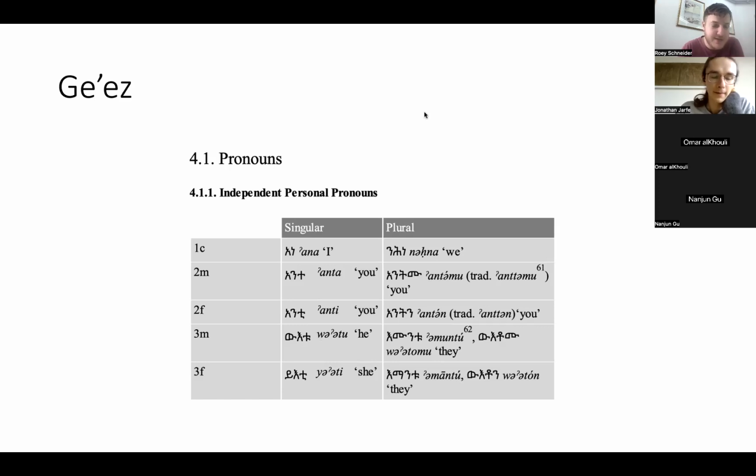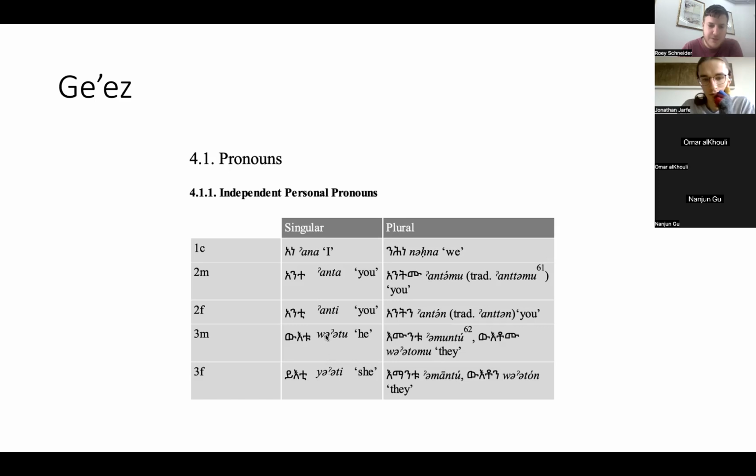Yeah. This tu is usually thought to have come from the oblique pronouns. So something like shuatu, shuati. So, yes, exactly. It should have been something like huwa'atu and hiya'ati or something like that. And the beginning with the H has dropped.